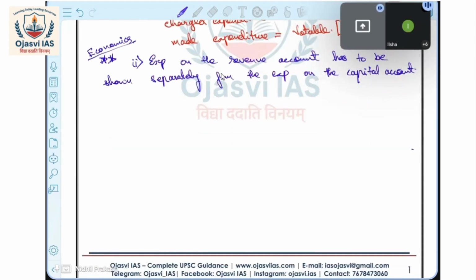You already know the funda behind charged expenditure, but what does it contain? Article 112, Clause 3. The article numbers are given to you mostly in a chronological format. Prelims usually does not ask too many articles. The important articles are always asked.